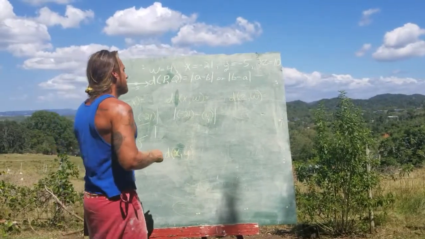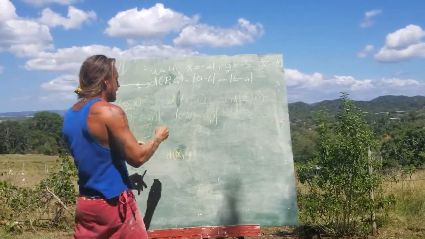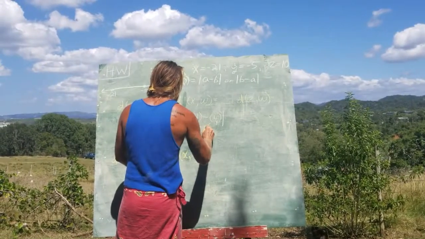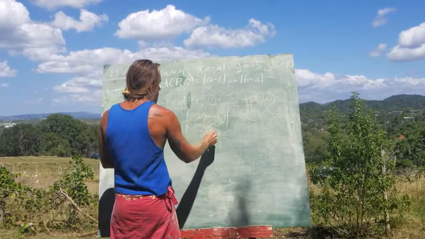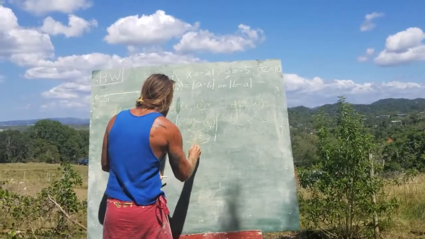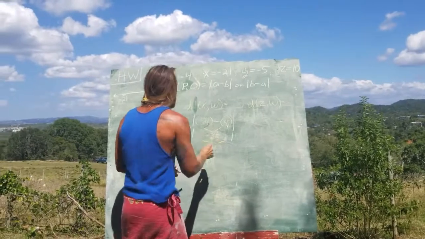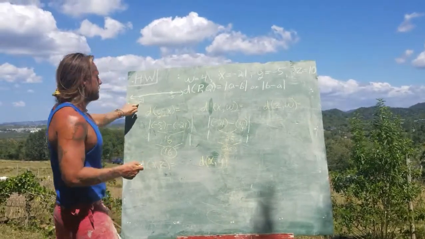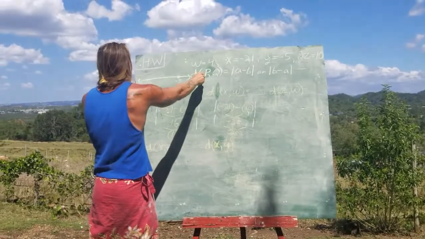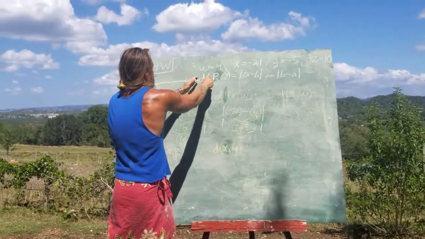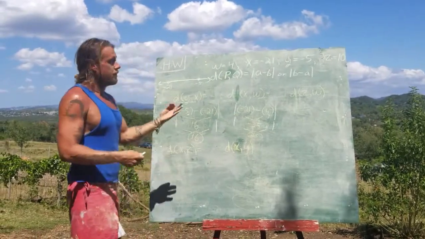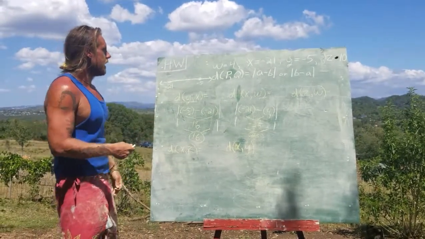So -21 minus 4 is -25. The absolute value of -25 is a positive 25. And again, on a number line, here's our -25. To get from here all the way to +4, you'd have to go 21 to get to 0, and then another 4 from 0 to get to 4. So that makes sense, 25.